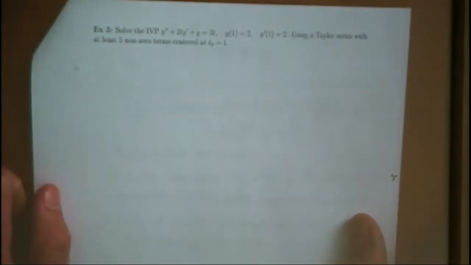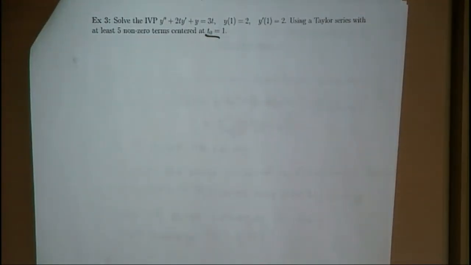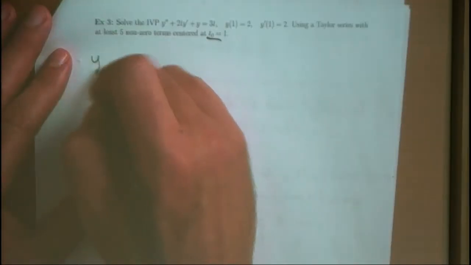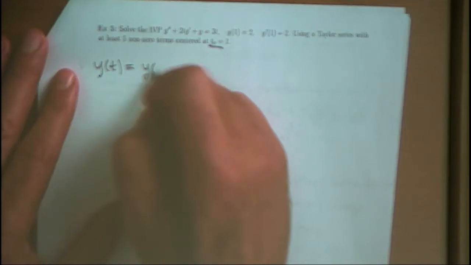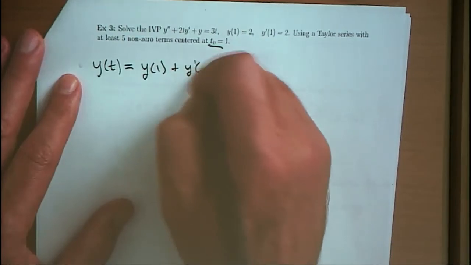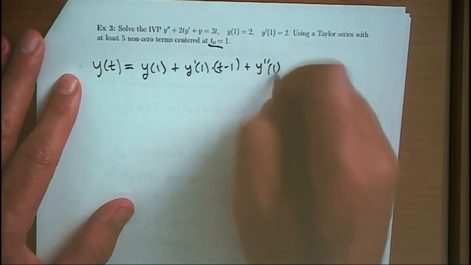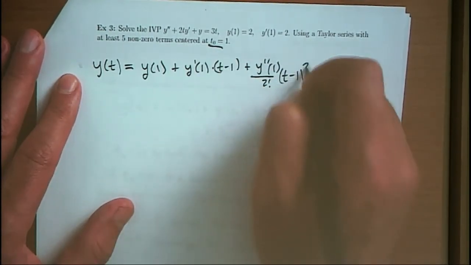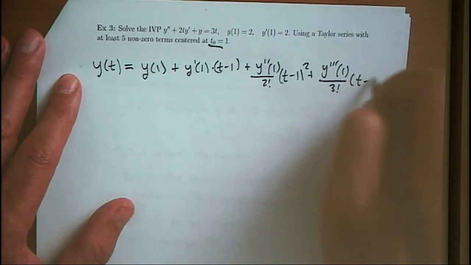Okay, so we're going to do the same method. The only thing that's different now is our t naught is 1. Our t naught is 1. And again, I'm going to write what the general form of the solution would look like. y of t will equal y of 1 now, we're centering it at 1, plus y prime at 1 times t minus 1, plus y double prime at 1 over 2 factorial times t minus 1 squared, plus y triple prime at 1 over 3 factorial t minus 1 cubed.